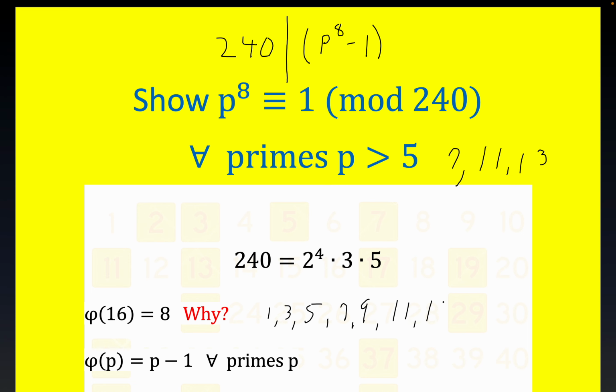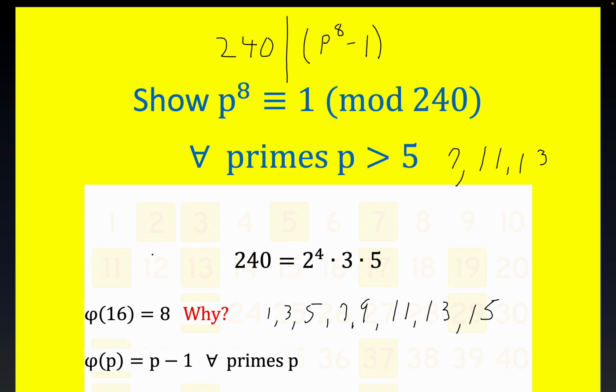Not really necessary to write them down, but we will anyway. These are the only odd numbers less than 16, and that means they're the only numbers that are relatively prime to 16. Again, there's 1, 2, 3, 4, 5, 6, 7, 8, and so that's why phi of 16 is equal to 8.